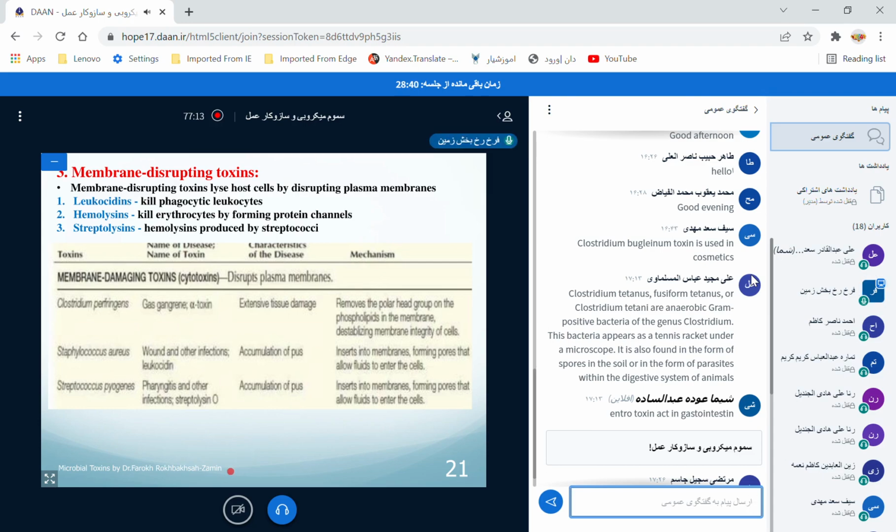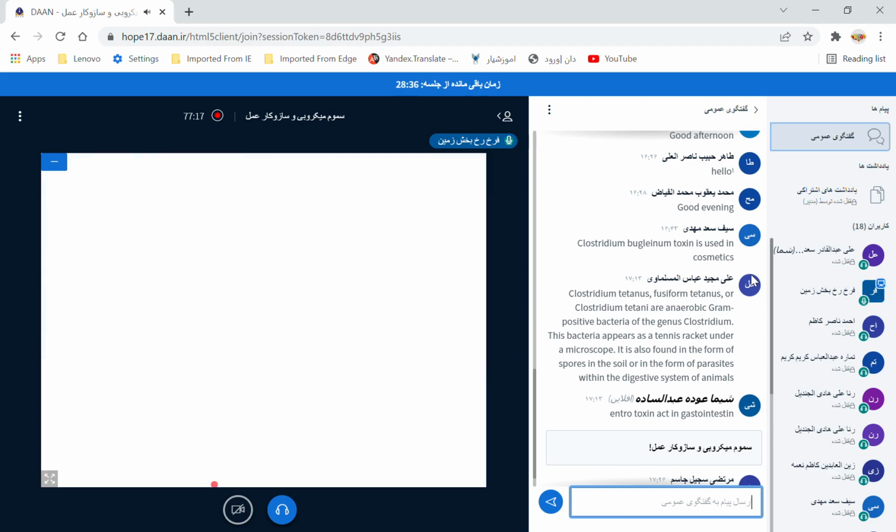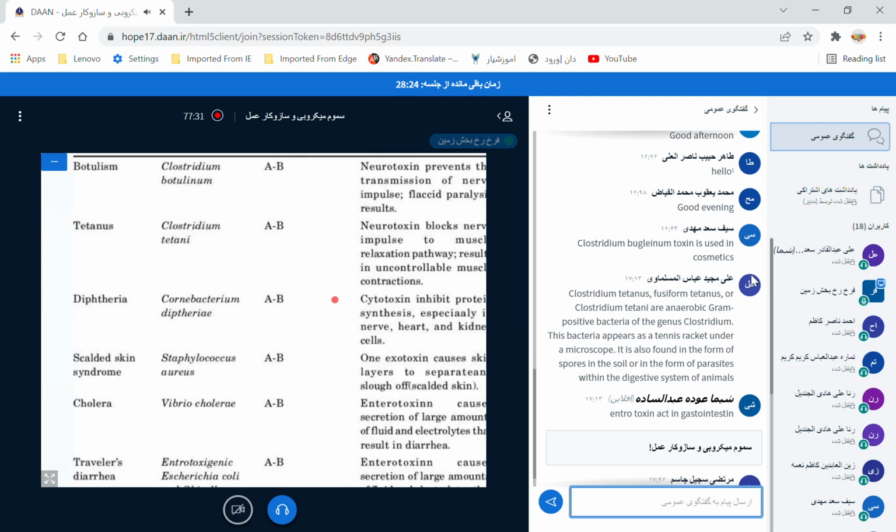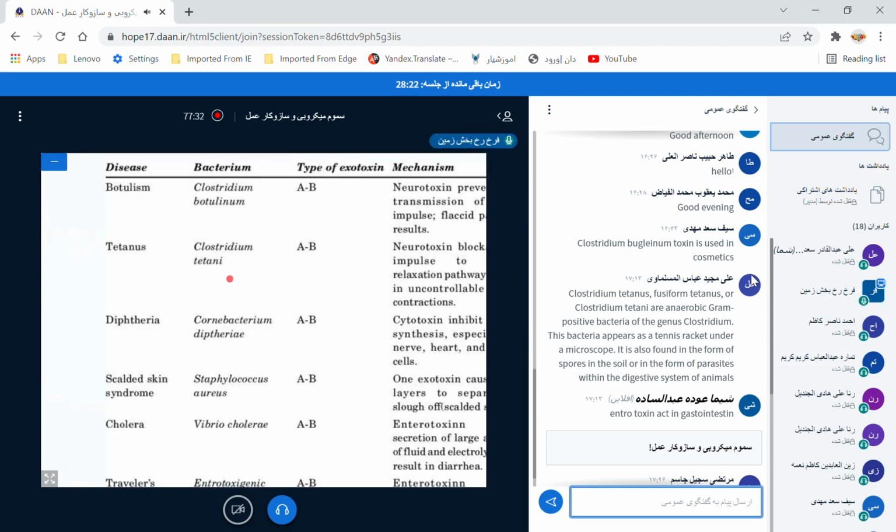First we go through a table. In this table, we see what we want to do in the next lectures. In the next lectures, we want to talk about botulism. The causative agent is Clostridium botulinum, which has an AB exotoxin.